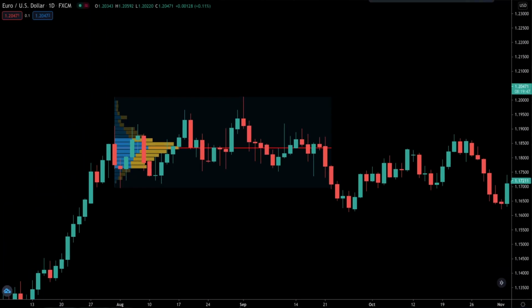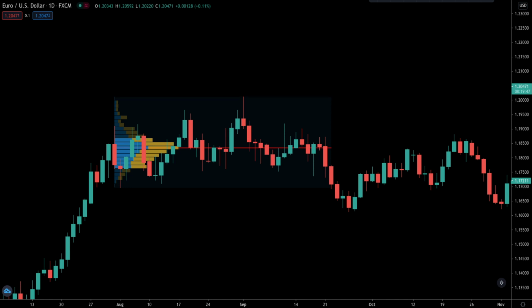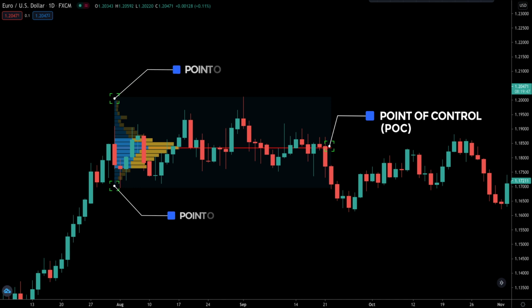If you have not watched the previous video about volume profile and are not familiar with what a volume profile is, it is basically a tool that shows you where the strongest levels are. A volume profile provides you with two key pieces of information: the point of control and the point of extreme. It is otherwise known as the POC or POE in short.